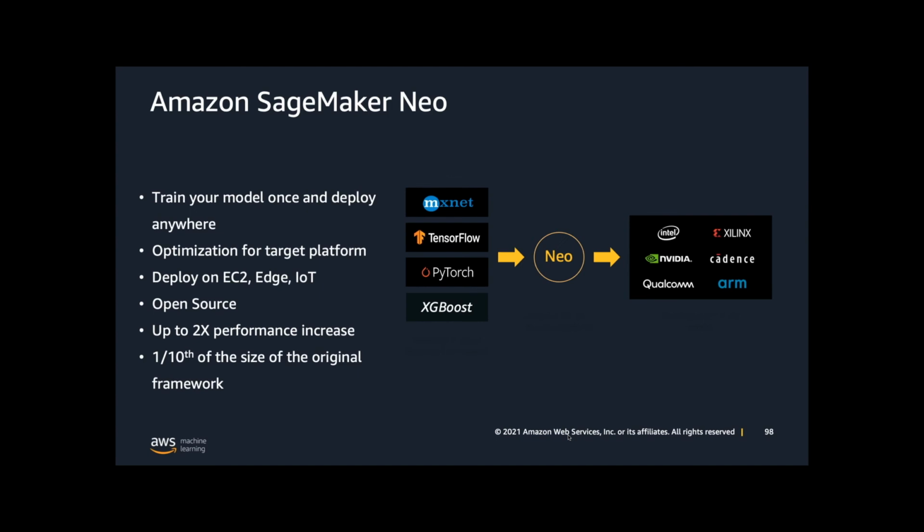Then after that, you choose your target hardware platform like Intel or NVIDIA or ARM, and with just a single click, using SageMaker Neo, we compile a trained model into an executable, and the compiler uses a kind of neural network to discover and apply all of the specific performance optimizations to deploy that for the target hardware. That can be super helpful to make predictions, especially when it comes to compute at the edge, right? So this is super helpful, just so you know.